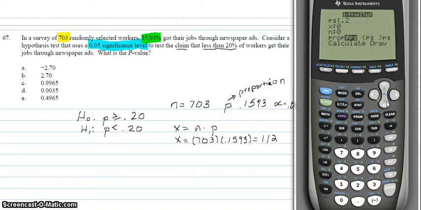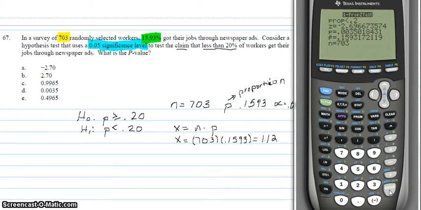Our x, which we figured out is n times p, is 112. Our n, which they gave us in the problem, is 703. Our alternative is p less than, so we need to arrow over to less than. Let's hit calculate and see what we come up with.